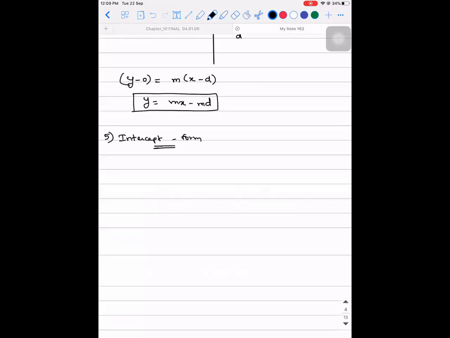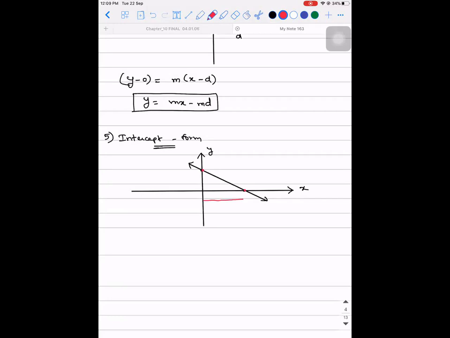If it is only intercept form, then both the intercepts will be given in the question. If this is x and this is y, I take this point as A and this point as B.